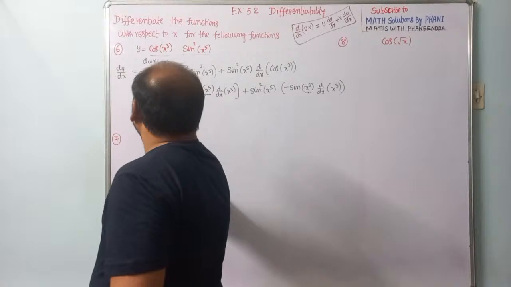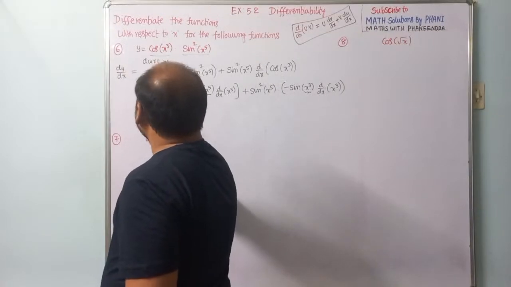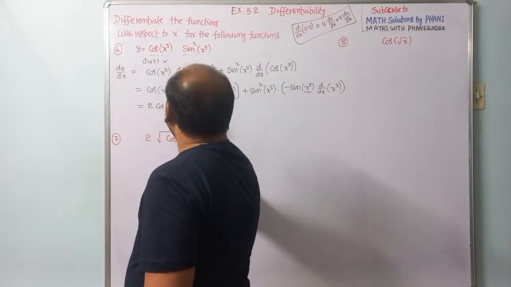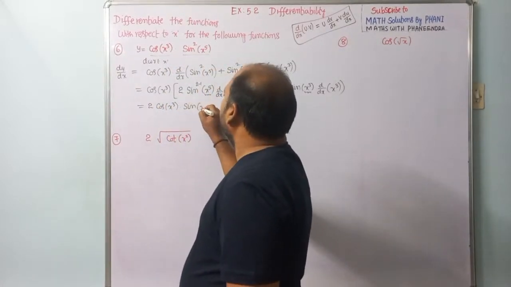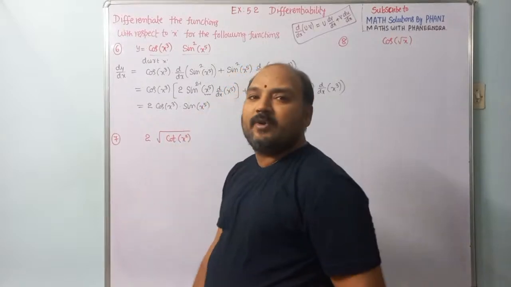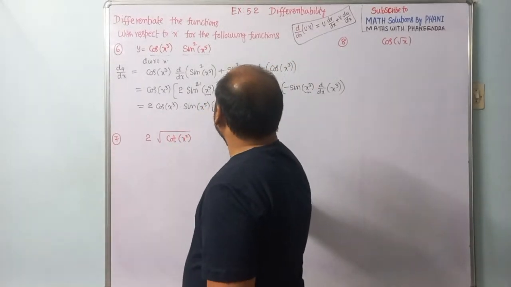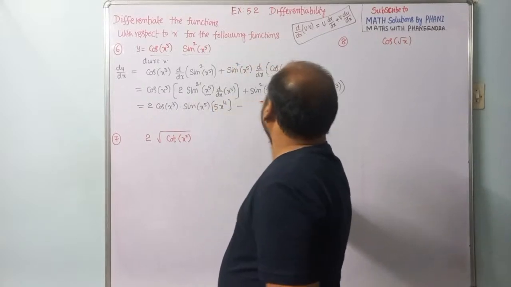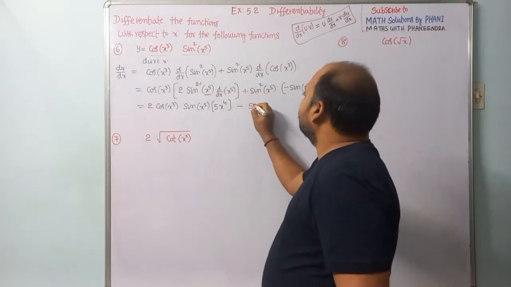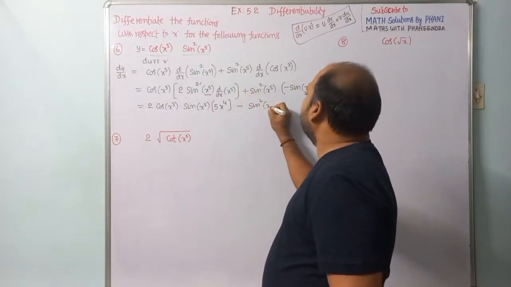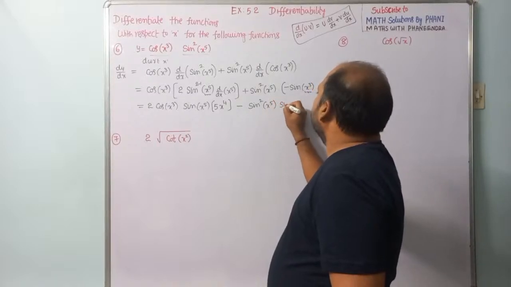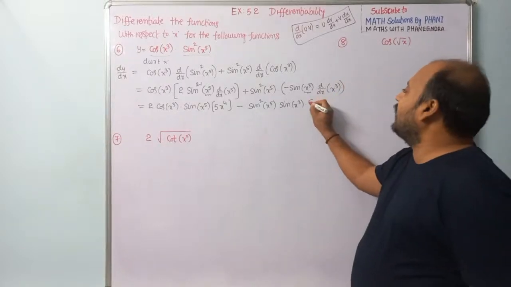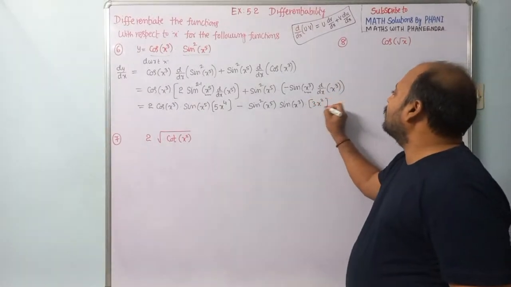So now 2 into cos of x power 3 into sine 2 minus 1 is 1 only, no need of writing, sine of x power 5, d by dx of x power 5 into x power 5 minus 1. Minus into plus is minus, sine square of x power 5 into sine of x power 3, d by dx of x power 3, 3 into x power 3 minus 1.